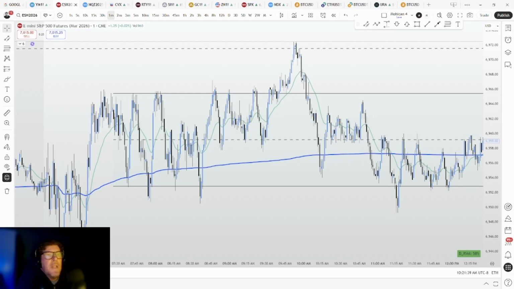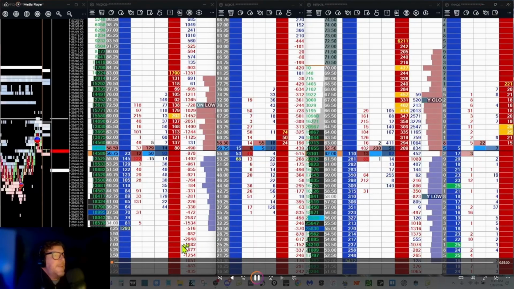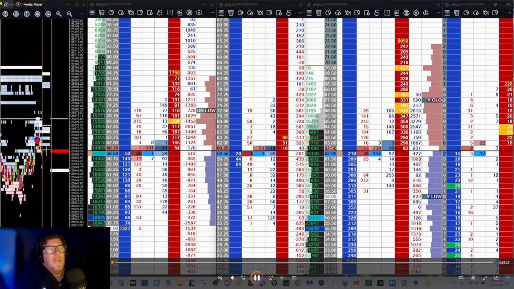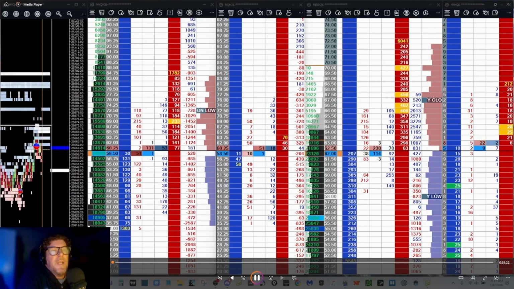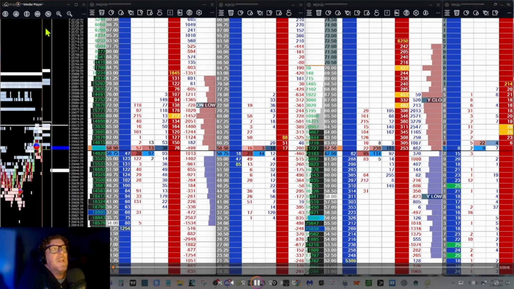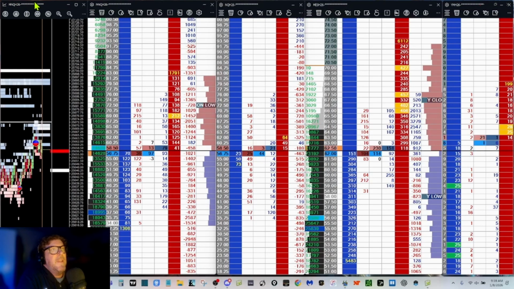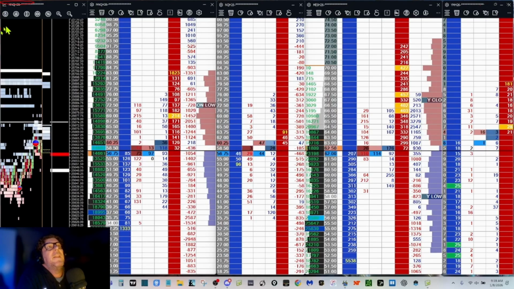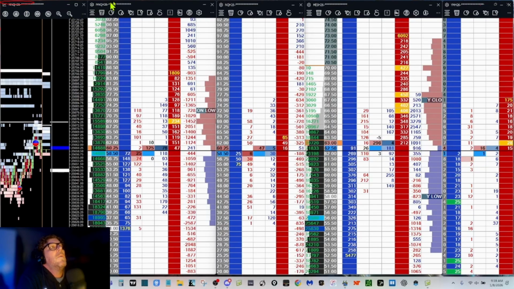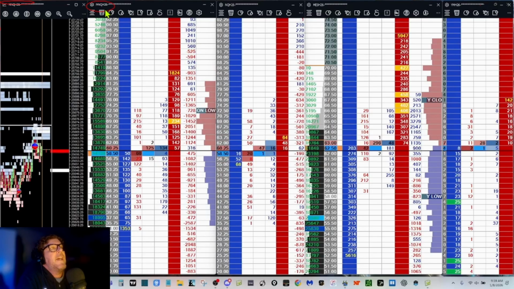Okay, so moving on. Let's go over to the correlated markets. And I'm just going to highlight a couple things for you here. Notice we have the heat map for MNQ. We've got the micro NASDAQ DOM. We've got the NASDAQ DOM next to it.